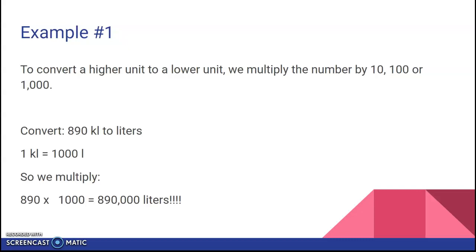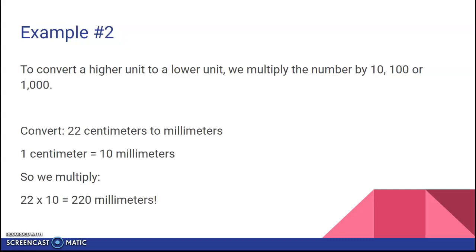So in this problem, we multiply. 890 times 1,000 equals 890,000 liters. Example 2. To convert a higher unit to a lower unit, we multiply the number by 10, 100, or 1,000. So in this example, we do 22 times 10 equals 220 millimeters.